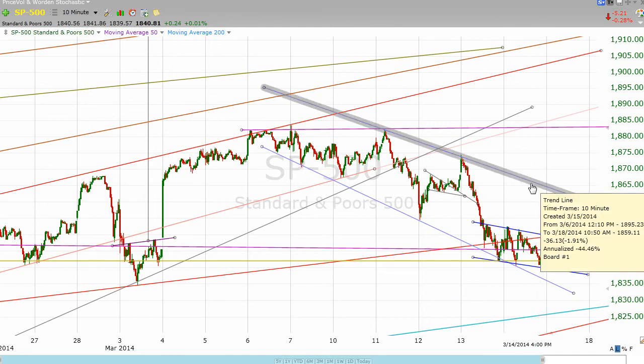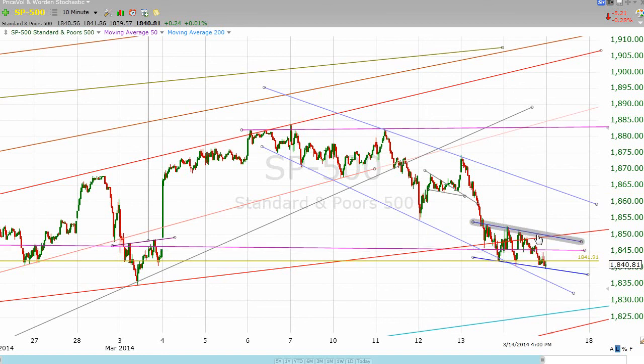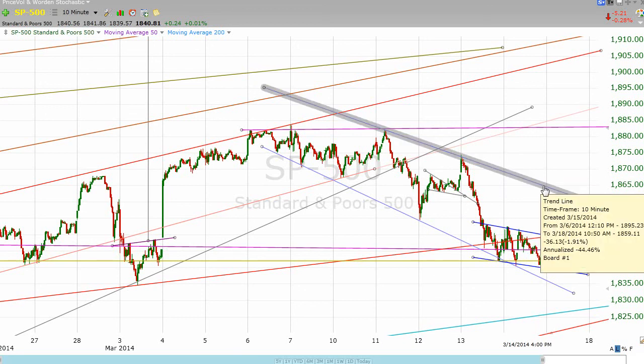Let's watch this little pattern coming into the week right here. And then let's watch this larger little kind of channel here. It's got a little bit of a funky shape to it, but let's keep an eye on this as well. And I would say these two lines right here, this line would probably be the defining line for this sell-off having ended.